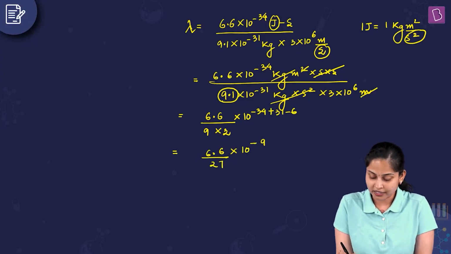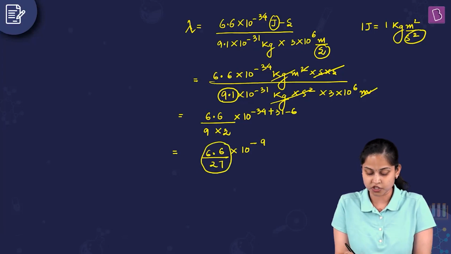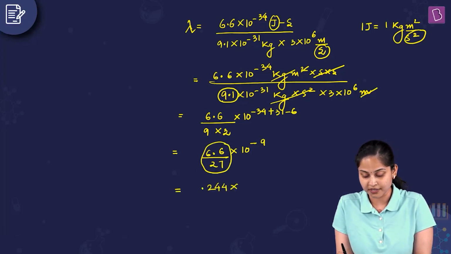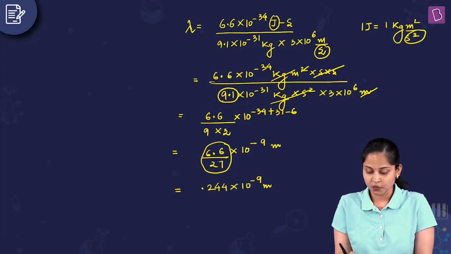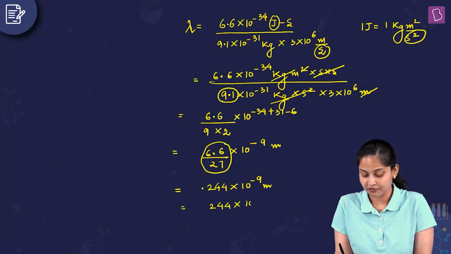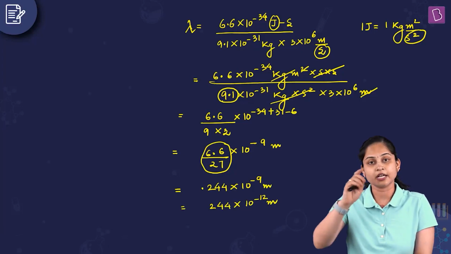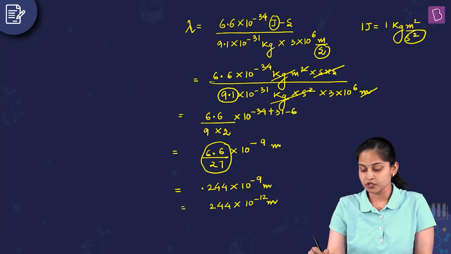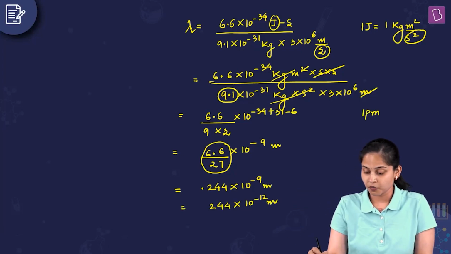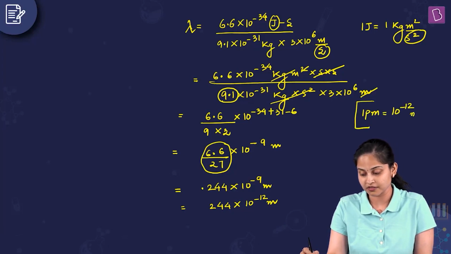When you calculate this expression, you'll get your answer as 0.244 multiplied by 10 raised to power minus 9 meters, which is equal to 244 multiplied by 10 raised to power minus 12 meters. Converting it into picometer, 1 picometer is equal to 10 raised to power minus 12 meters.